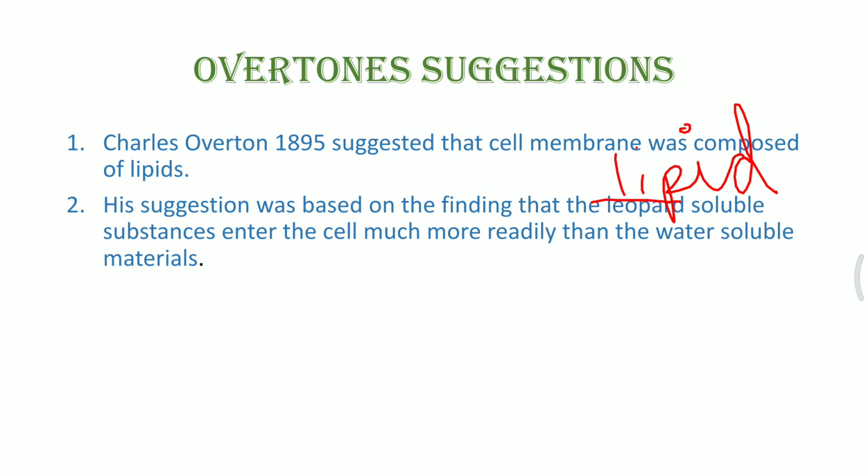Now, with a similar idea, if you think of most of the drugs or medicines, most of the medicines have an outer covering of lipophilic substance. This lipophilic substance allows the movement of the drug inside the cell very quickly.